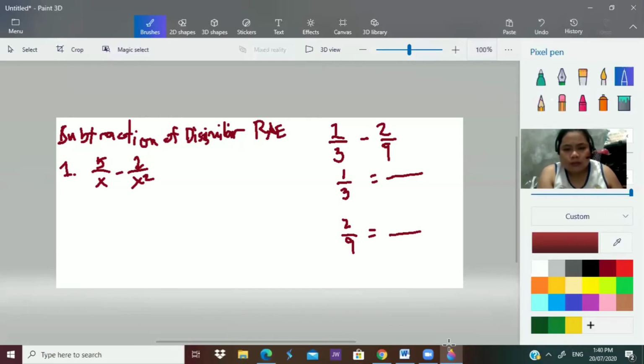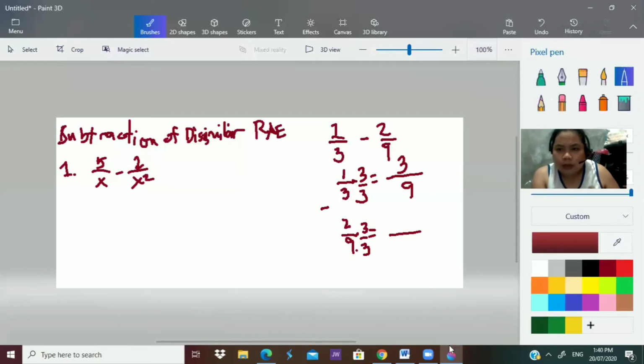So, kung mapapansin po ninyo, isa sa mga fractions po natin ang mag-a-adjust. Let's say for example si 3. Si 3 ay pwedeng maging 9, tama? Pero si 9 kasi, kung isipin natin, hindi siya pwedeng maging 3. Okay? So, para si 3 maging 9, yung denominator, magmumultiply tayo ng 3 over 3. So, 3 times 3, that would be 9. 3 times 1, that would be 3.